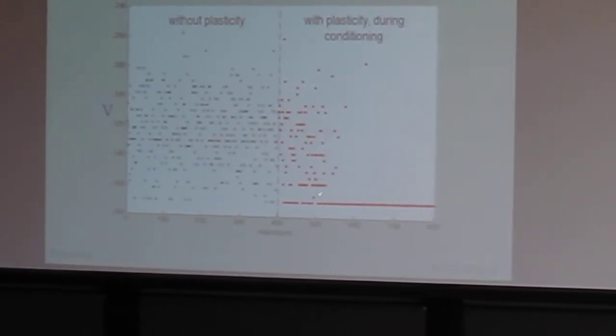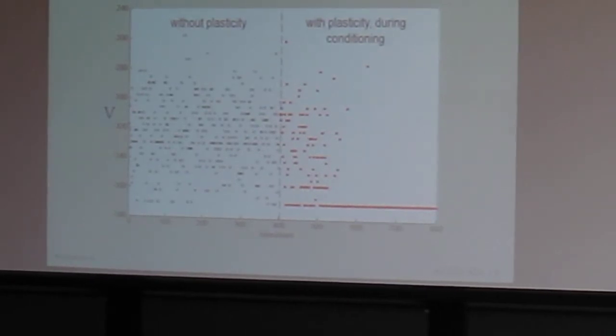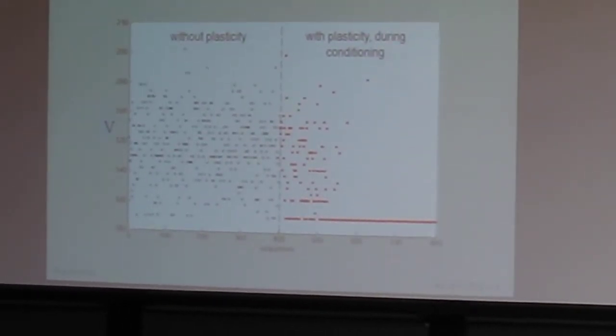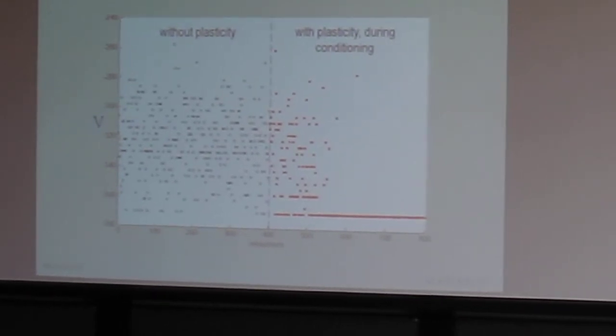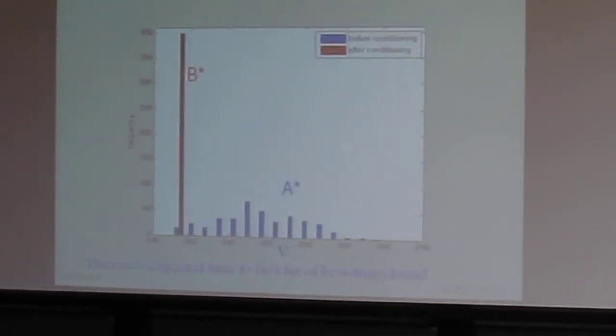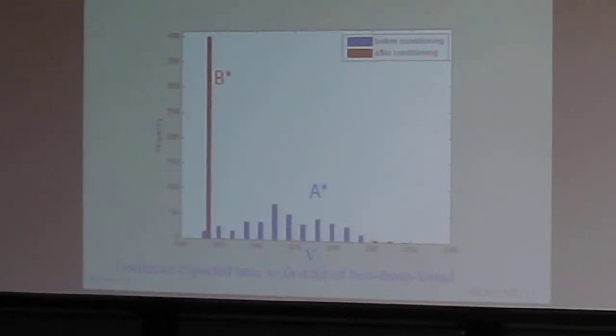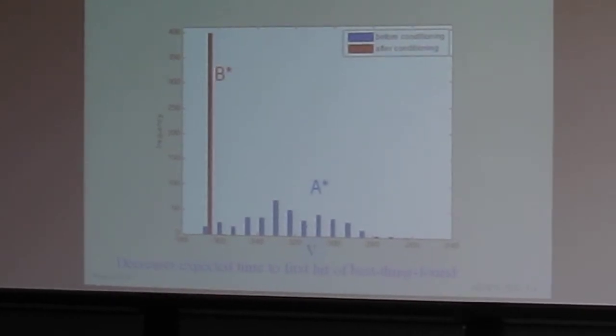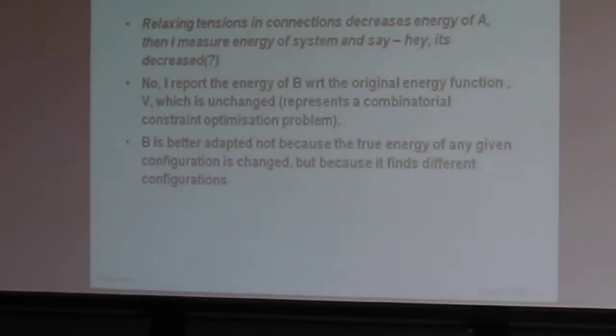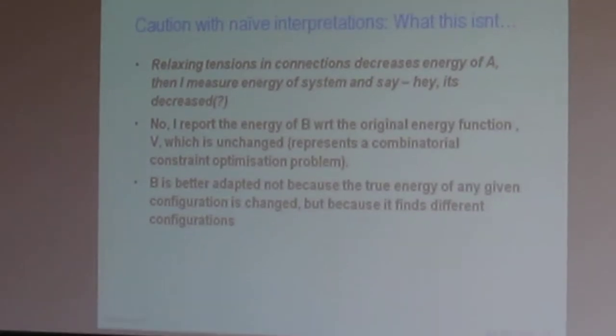And you find that over time, it relaxes the springs in such a way that the configuration that B finds, there's only one configuration that B finds, and it's the minimum energy configuration of the system A. So there's the histogram of the energies of A, and the histogram of the energies of B after conditioning.